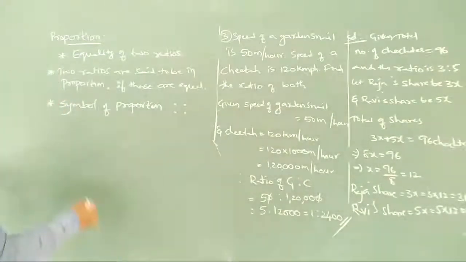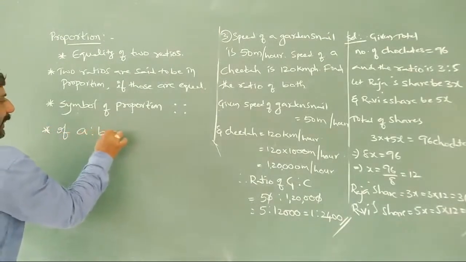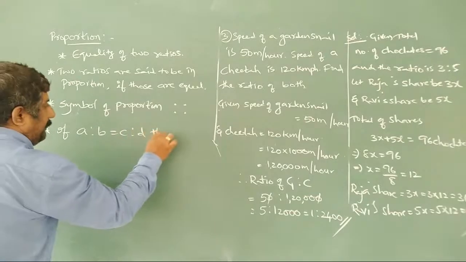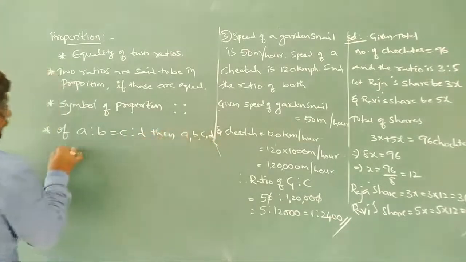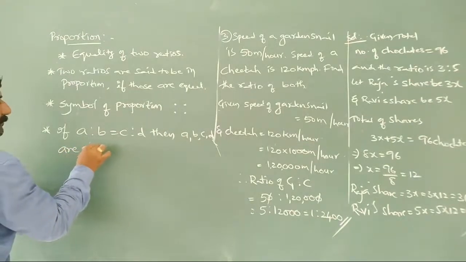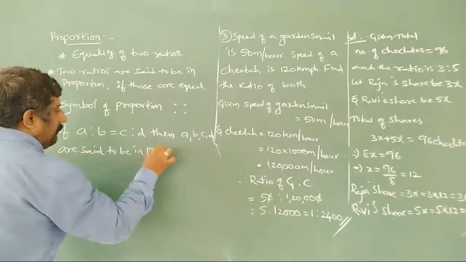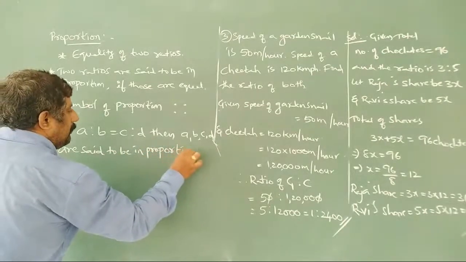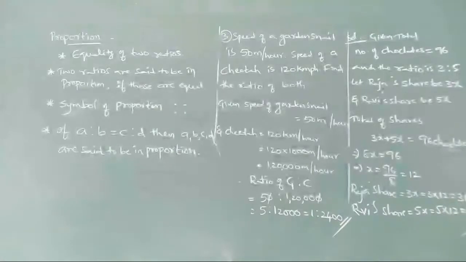Okay, now if A is to B is equal to C is to D, then A, B, C, D are said to be in proportion.